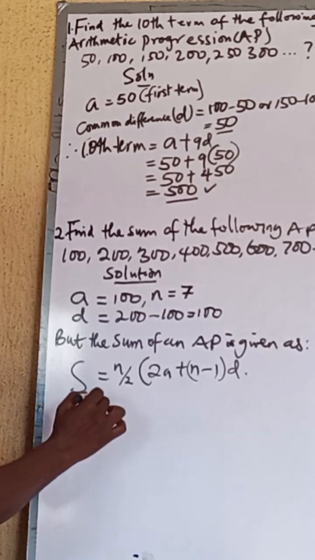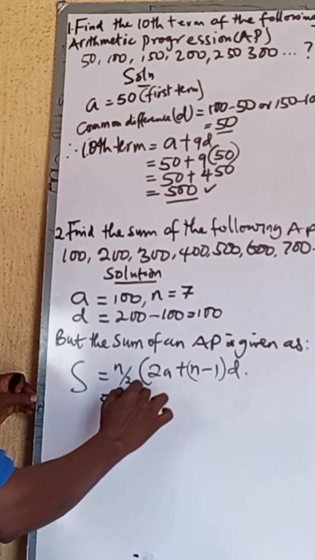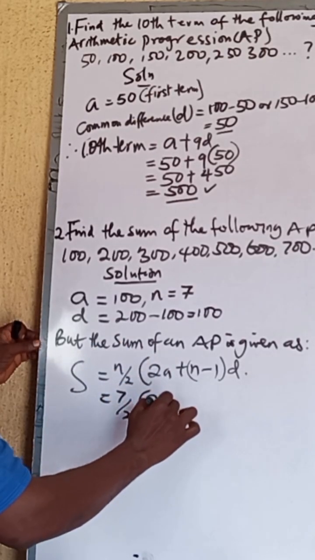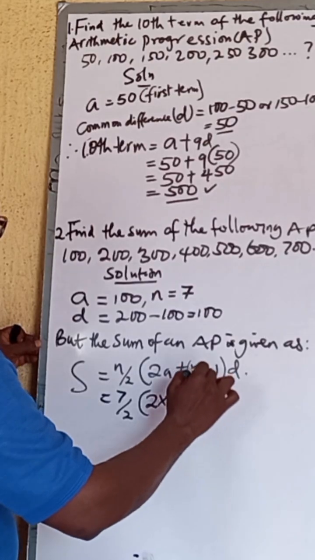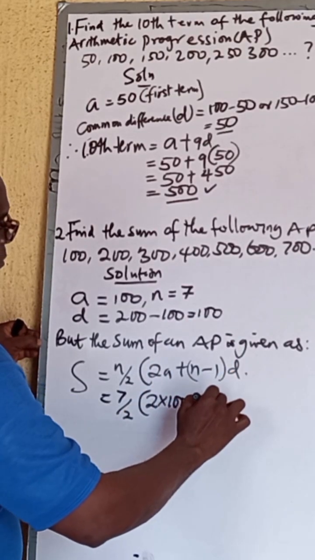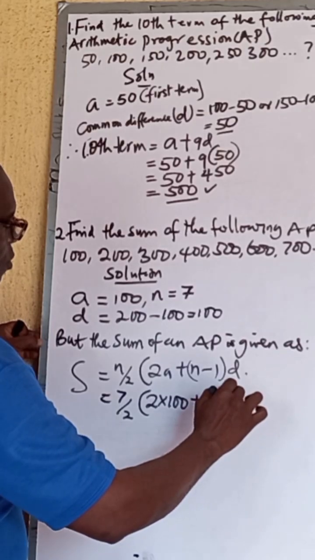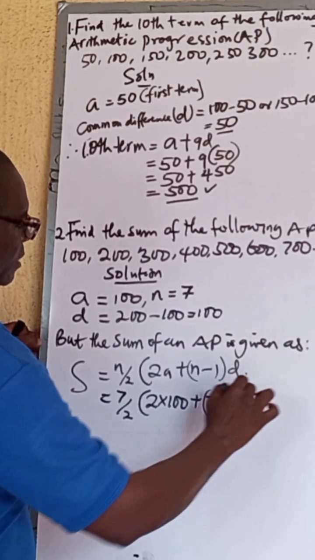Now from there, we have 7 over 2, open the bracket, 2 times A, which is 100. Then plus N minus 1, that is 7 minus 1, times the common difference, which is 100.